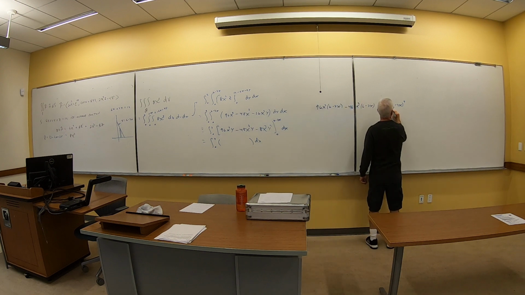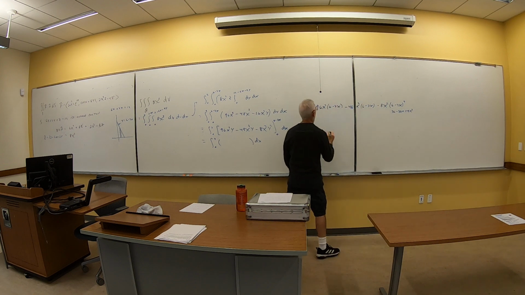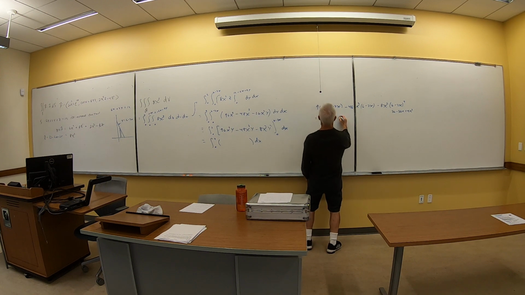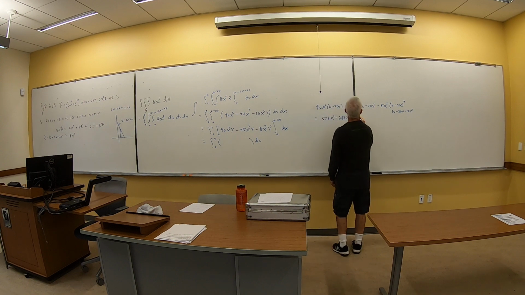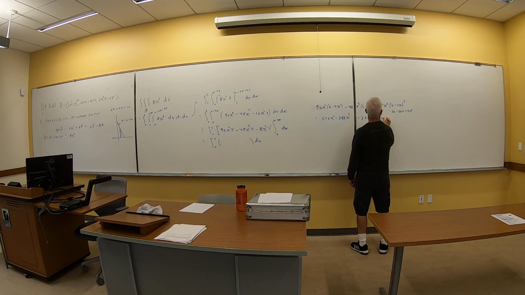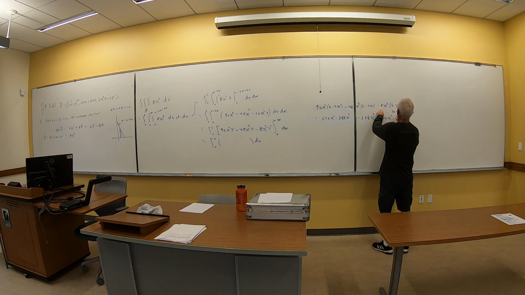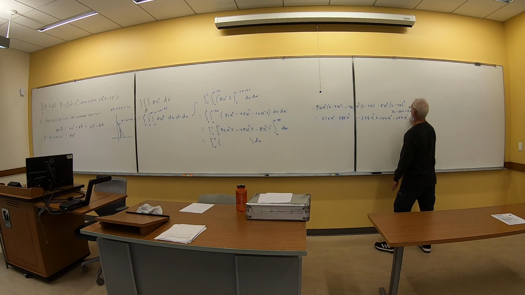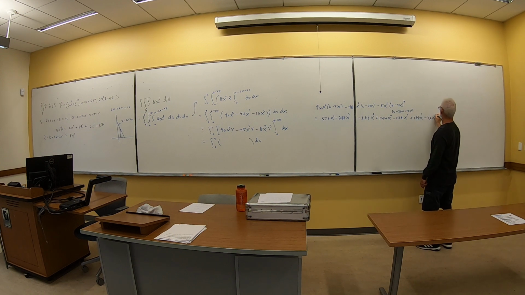So this is 36 minus 36x plus 9x squared. Now when I distribute, I get what? 576x squared minus 288x cubed minus 288x cubed, just a little bit, plus 144x to the fourth, and then over here, minus 288x squared plus 288x cubed minus 72x to the fourth.